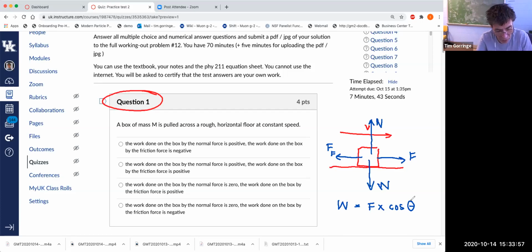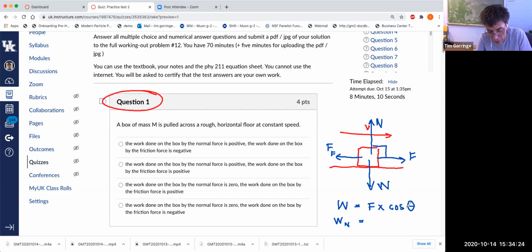Okay, so with that, we can set about answering these questions about the friction force work done and the normal force work done. Work done by the normal force. Well, the key thing here is that the normal force, if you look, is at right angles, 90 degrees to the motion.